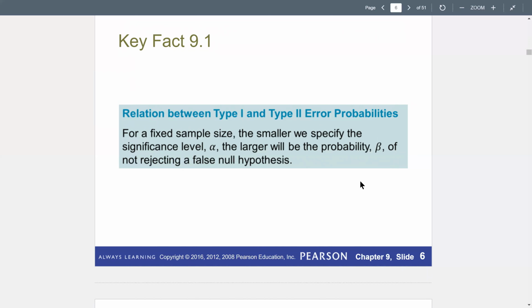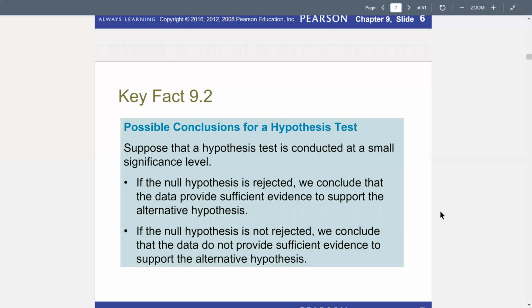And this can be intuitively true, because the less you are likely to reject the null hypothesis, the more likely you are to make type 2 error, which is to not reject the incorrect null hypothesis. So the two are some kind of trade-off.